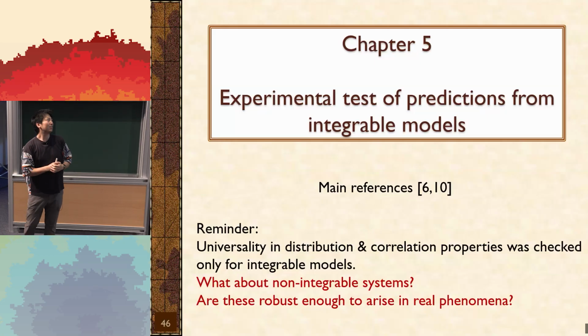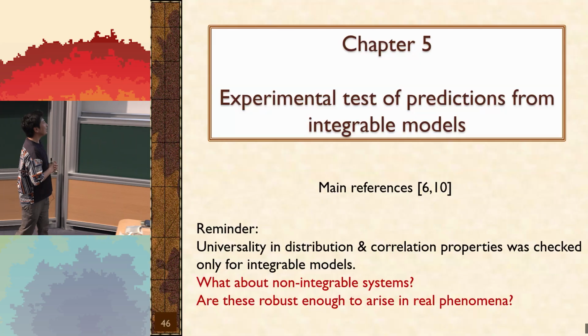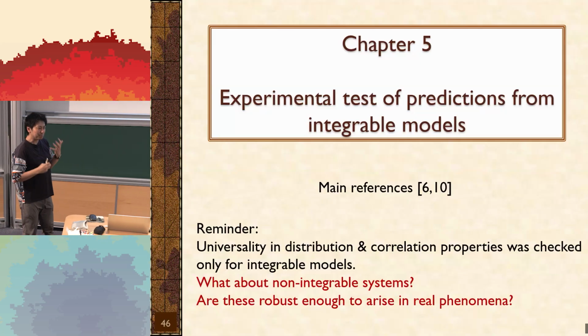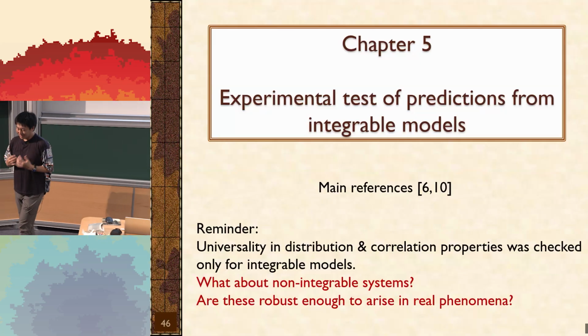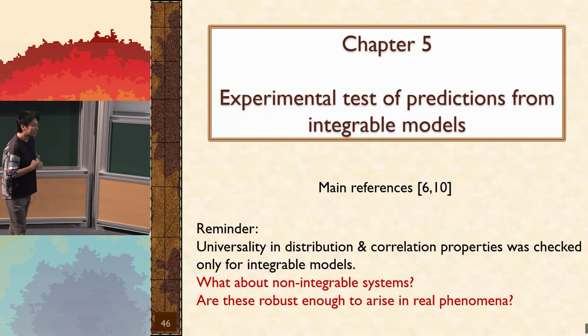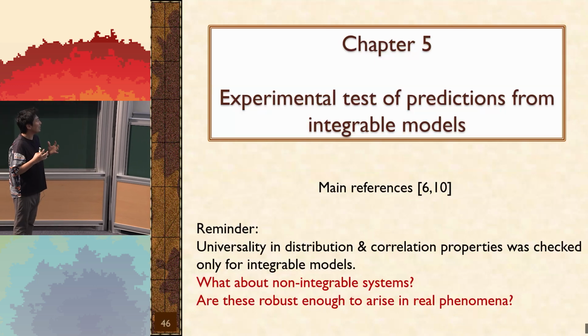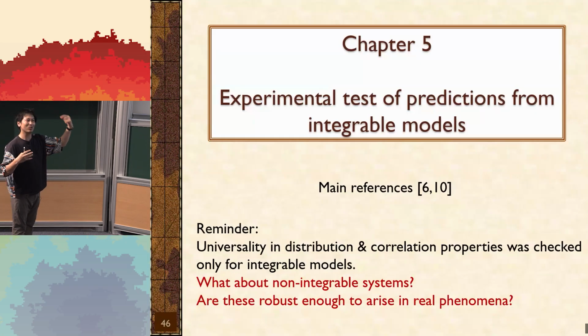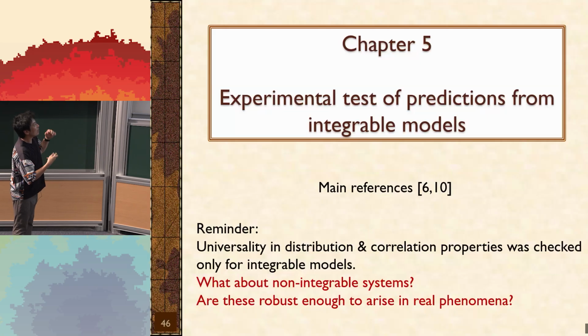Integrability is a special kind of property, and usually I don't expect integrability holds in just a randomly chosen experimental system. So that was an important motivation, at least for me, when I did experiments on the 1D KPZ class.